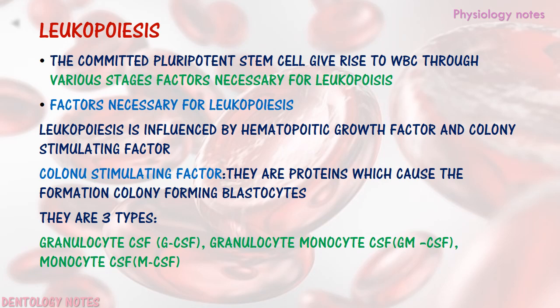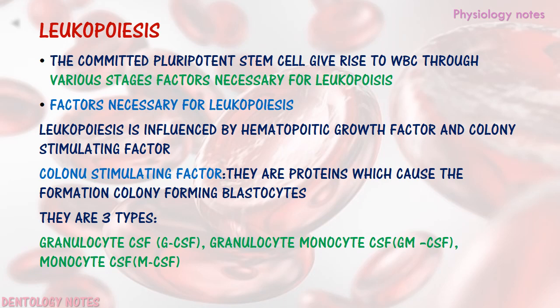Leukopoiesis. The committed pluripotent stem cell gives rise to WBC through various stages. Factors necessary for leukopoiesis. Leukopoiesis is influenced by hematopoietic growth factor and colony-stimulating factor. Colony-stimulating factors are proteins which cause the formation of colony-forming blast cells.